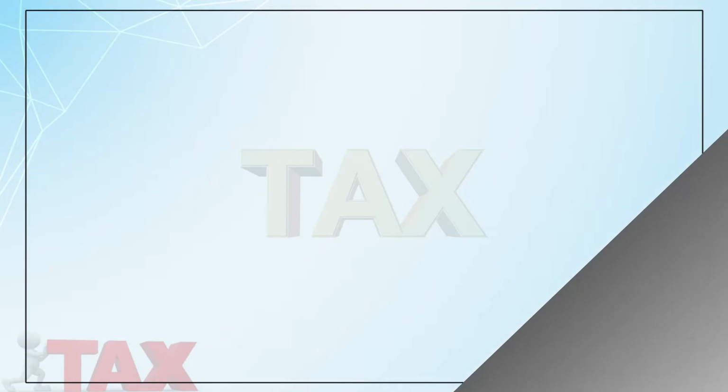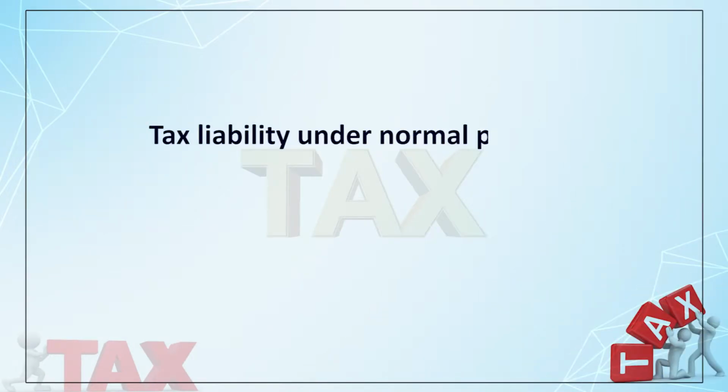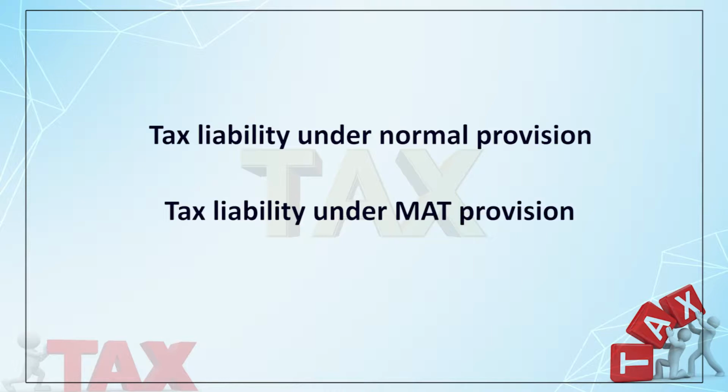And in the theoretical module, you have learned that every company has to prepare or calculate two types of tax liability. One is tax liability under normal provision and the other is tax liability under MAT provision, that is minimum alternate tax. Every company has to calculate the tax liability under normal provision and under MAT provision.